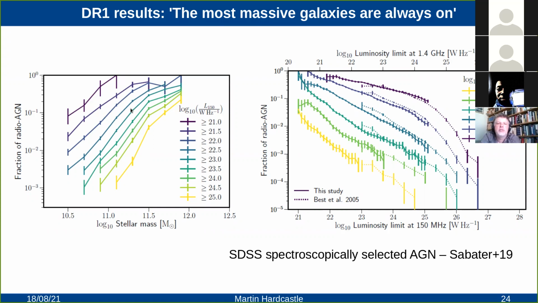And as you go up in radio luminosity cuts, you find that those numbers go down, but every galaxy above, say, 10 to the 11.5 solar masses has a radio AGN above around 10 to the 22 watts per hertz at 150 megahertz. So that's telling you that whatever the process is that generates radio AGN, it's pretty universal, at least in the local universe where we can do these calculations.